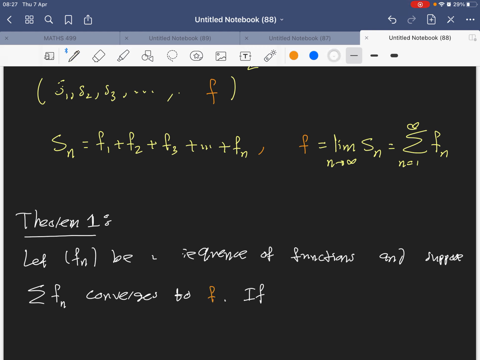Now, what we will have is, if each fn is continuous, then f itself is continuous.